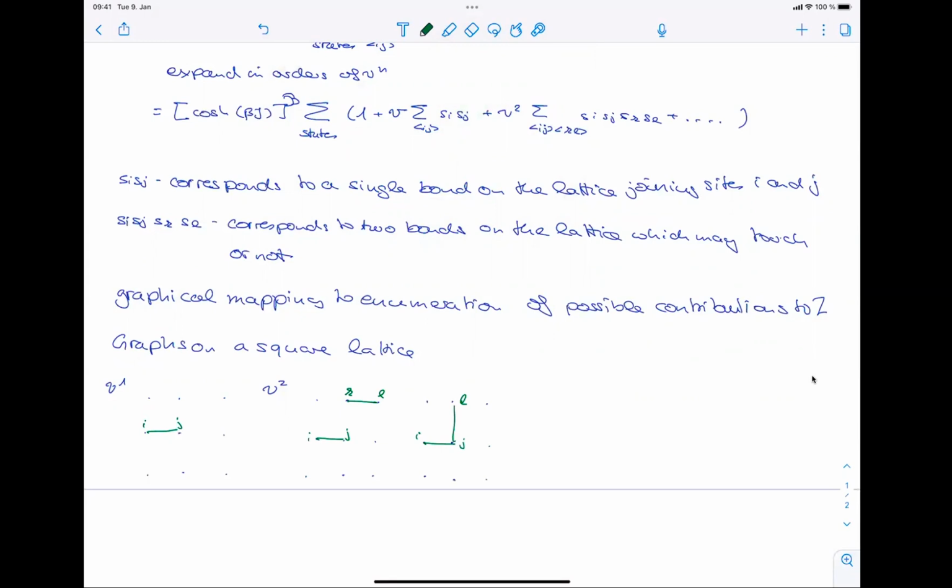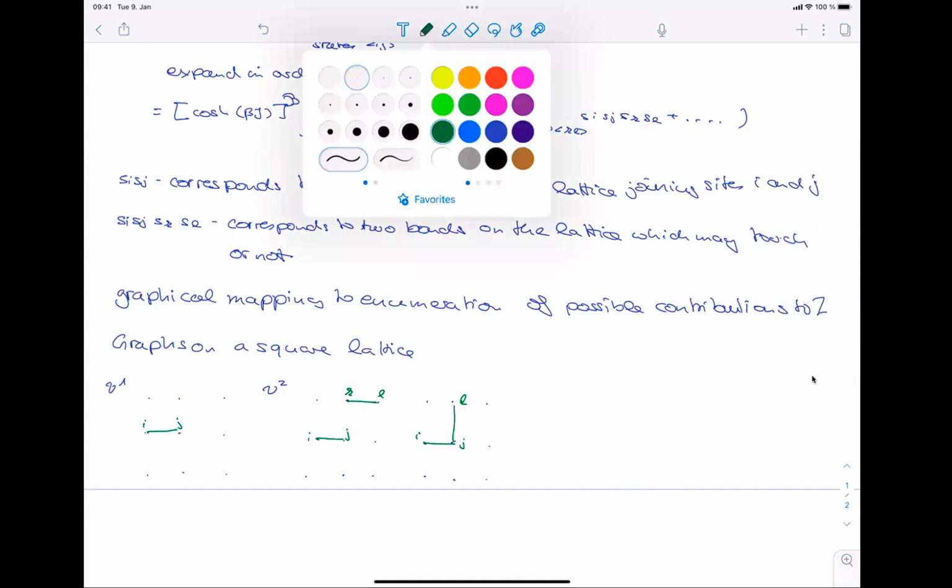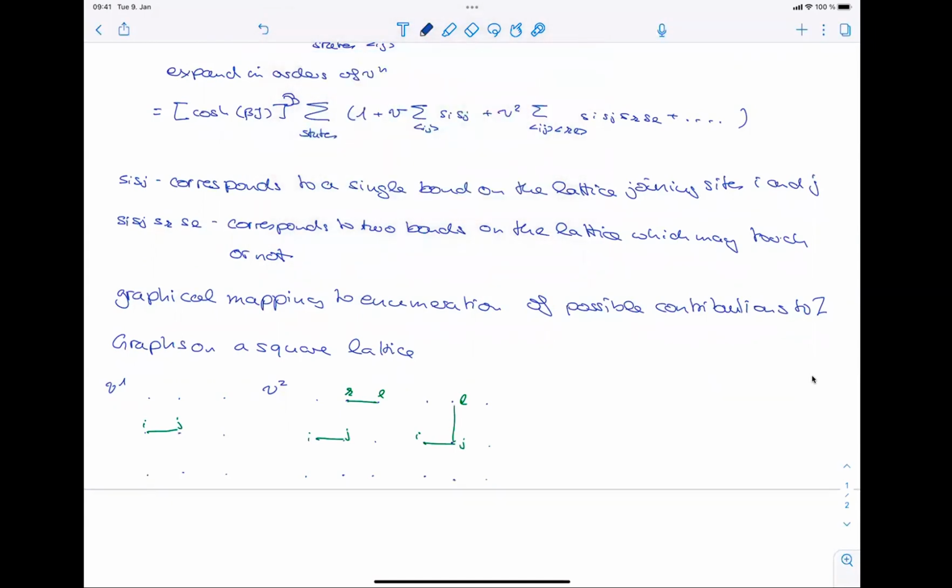And you can see that really the complexity of what kind of situations I can generate on the lattice grows with the power of v. So for example, if we take v to the power of 4, then we have 4 bonds.